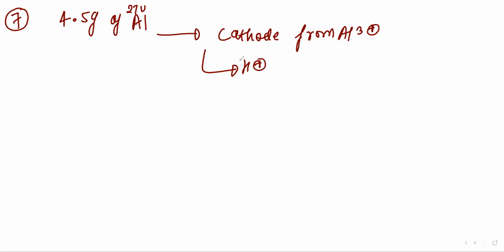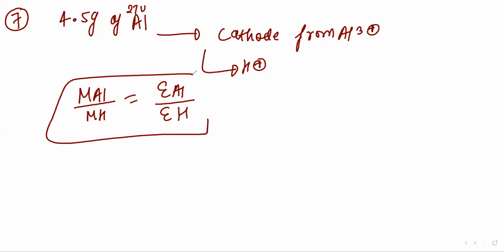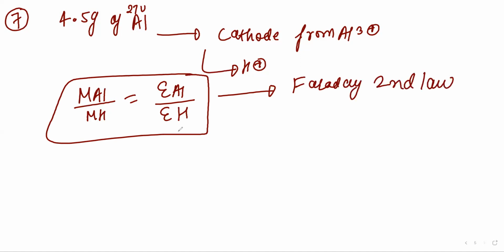Asked in 2005. So see here, we will use Faraday's second law. Mass of aluminum divided by mass of hydrogen is equal to equivalent weight of aluminum divided by equivalent weight of hydrogen. So this is called Faraday's second law. The aluminum mass is given, that is 4.5 gram.